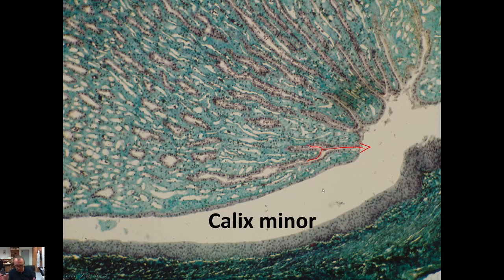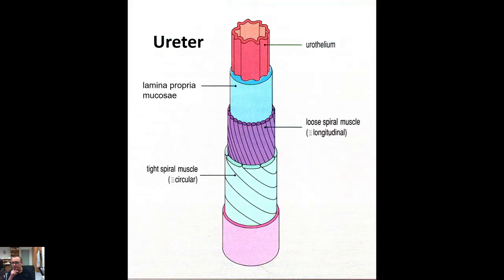Minor calyces join to major calyces, then to the renal pelvis, and then the urinary passages leave the renal sinus as a ureter. This is the schema of the ureter wall, containing tunica mucosa, having epithelium and lamina propria.